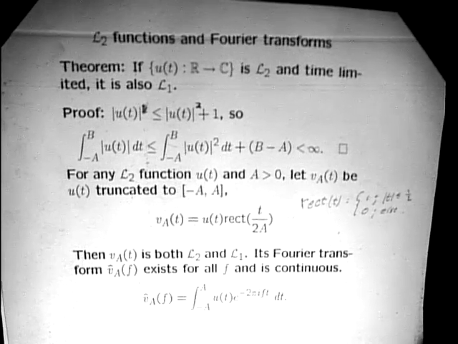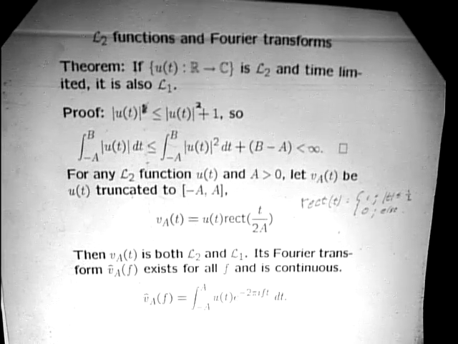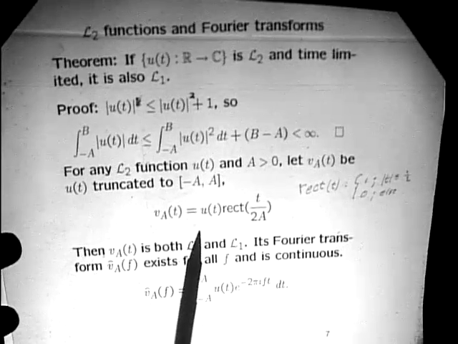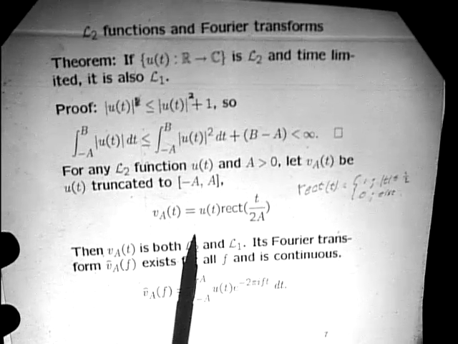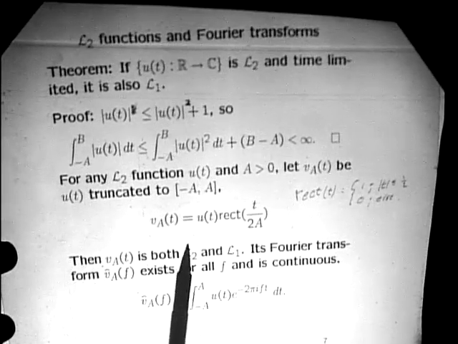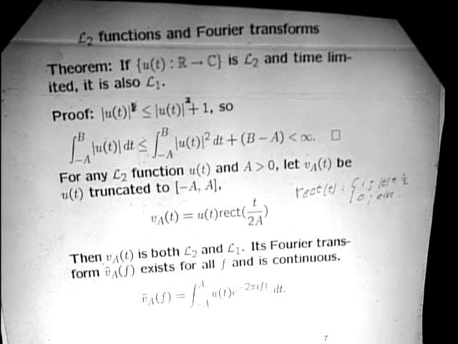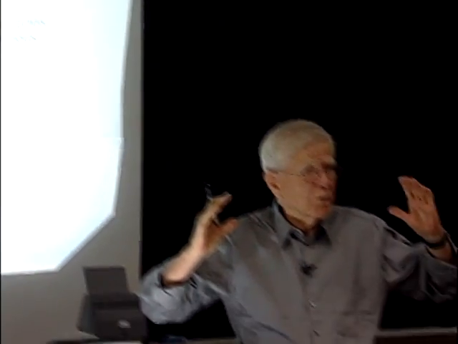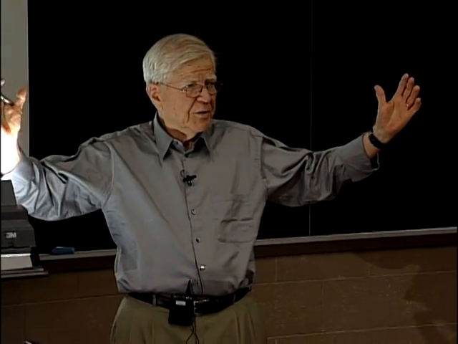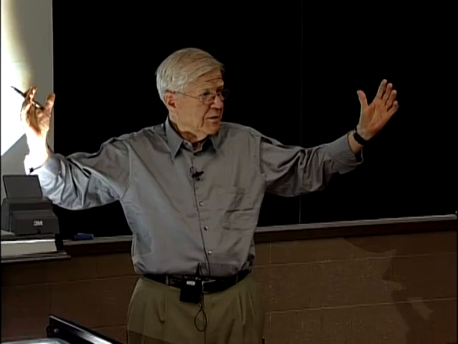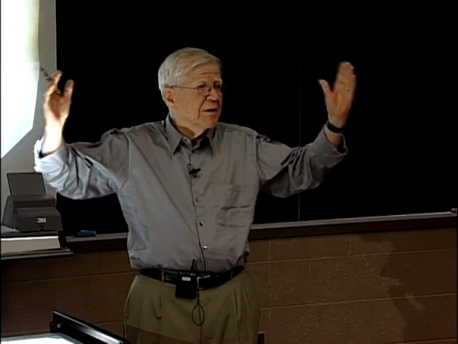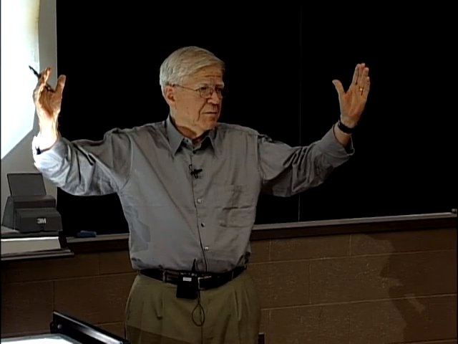Who can make that more precise for me? What happens when u of t has finite energy? If it has finite energy, it means that the integral of u of t magnitude squared over the infinite interval is finite. So you start integrating it over bigger and bigger minus a to plus a.